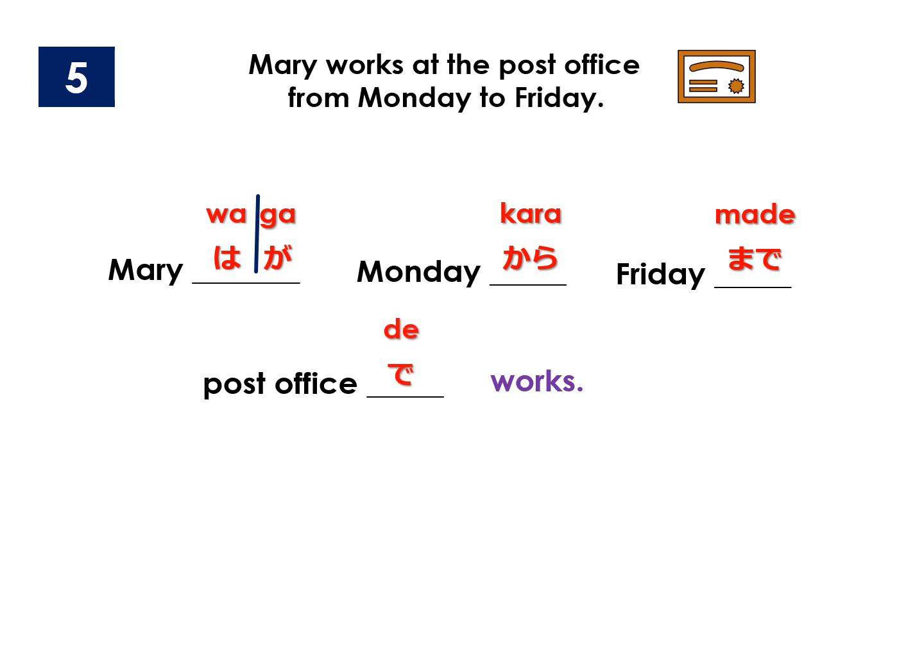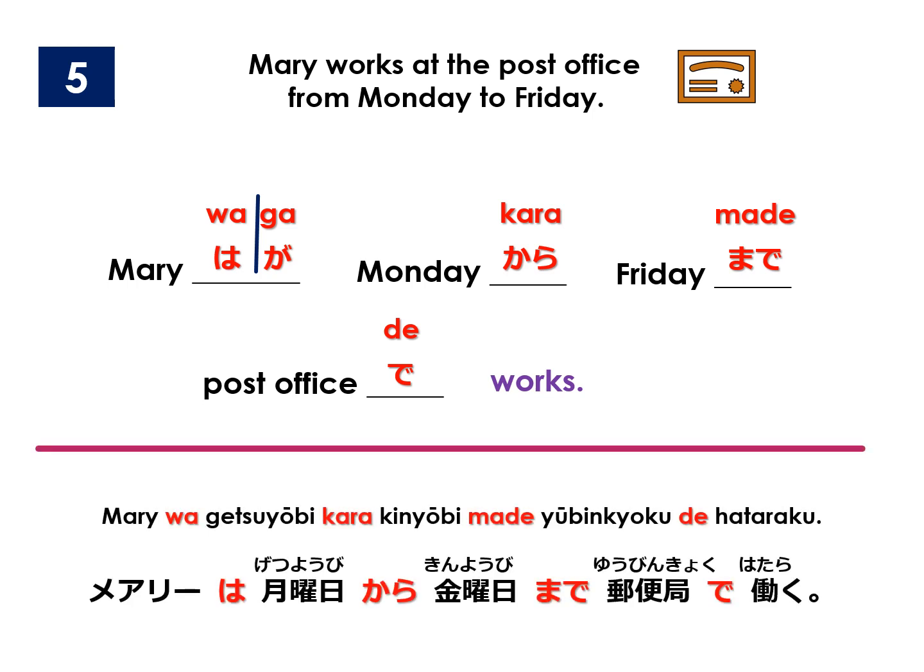And post office takes the particle de for location of the verb, works where? The post office. And in Japanese, we say, Mary ga getsuyobi kara kinyobi made yubinkyoku de hataraku, or Mary wa getsuyobi kara kinyobi made yubinkyoku de hataraku. Mary works at the post office from Monday to Friday.